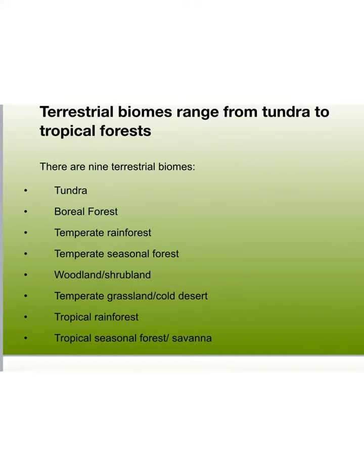So we have the tundra and the boreal forest. And then all of the temperate regions: the temperate rainforest, the seasonal forests, the grasslands, the colder versions of the deserts, the woodland areas, everything that's more temperate. And then we have the tropical side, so the tropical rainforest. There's also a seasonal tropical rainforest and savanna.